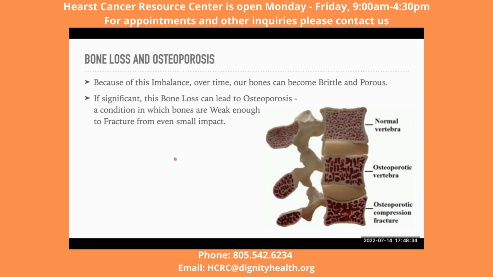In osteoporosis, however, as you see in the middle vertebra, because there's so much breakdown, the bones start to become more porous and weak, and they can easily collapse, which you can see here in the bottom vertebral bone, which shows a vertebral compression fracture.